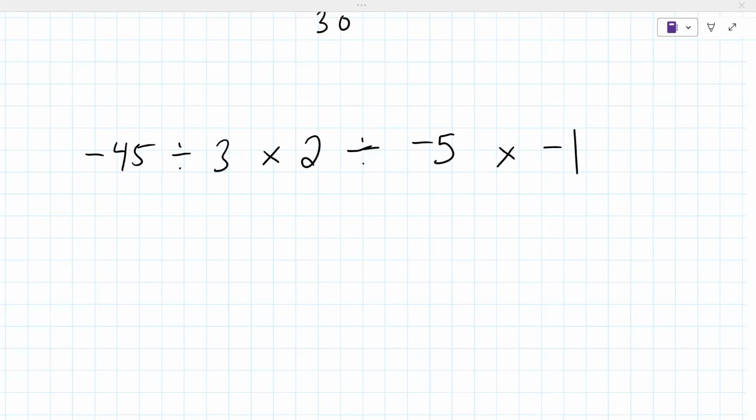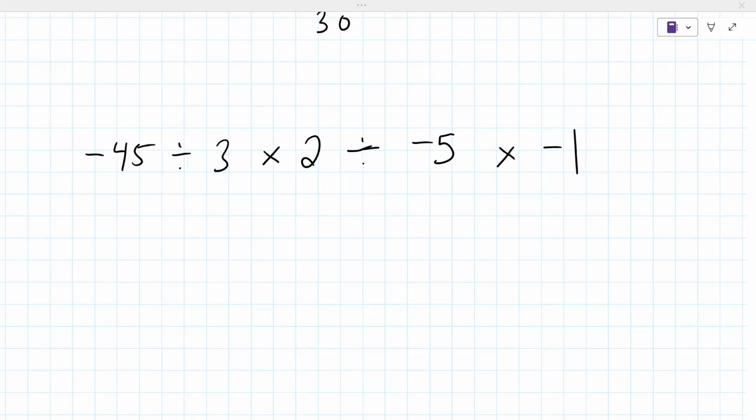Divided by -5 times -5, 15 times 2, 2, 4, 6, 8, 10, 12, 14.